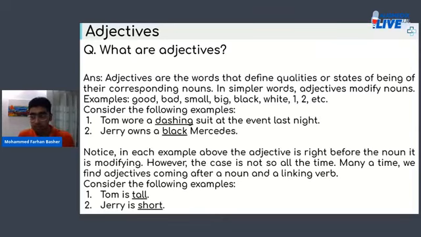Okay, some very common examples of adjectives are good, bad, small, big, black, white. Numbers are also adjectives such as 1, 2, 3, 500, 1,000. These are also adjectives because these are information, these are qualities, right?